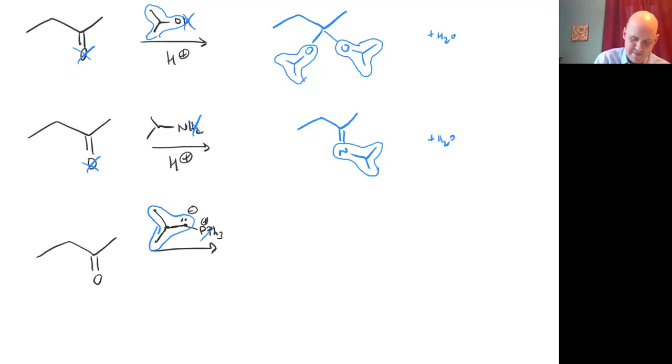Right, so that'll be gone from this part. What'll be gone from my starting ketone? The carbonyl. Yep, so once again, the oxygen is gone. And you replace that double bond O with a double bond to, you were right, this carbon right here, the one that was the nucleophile.